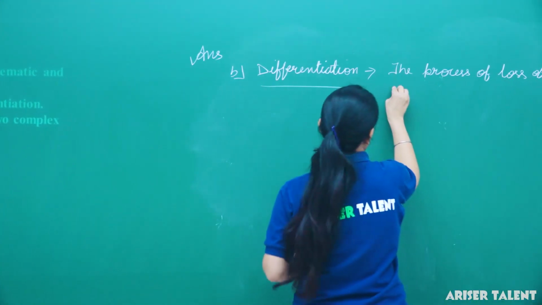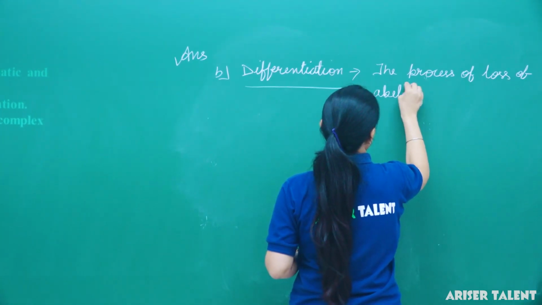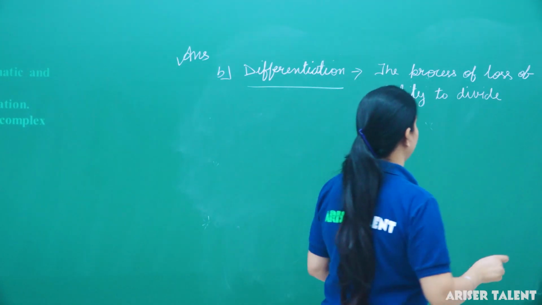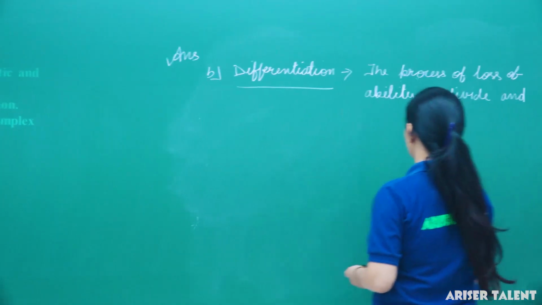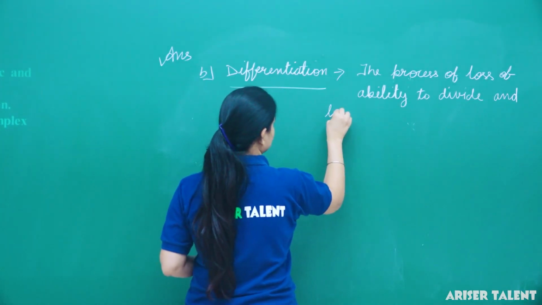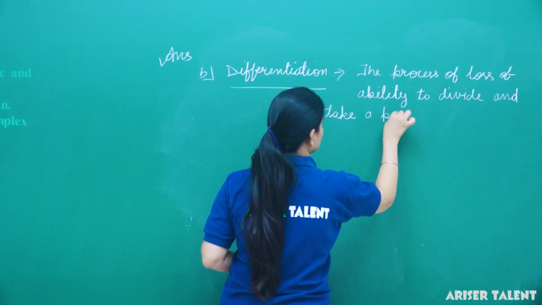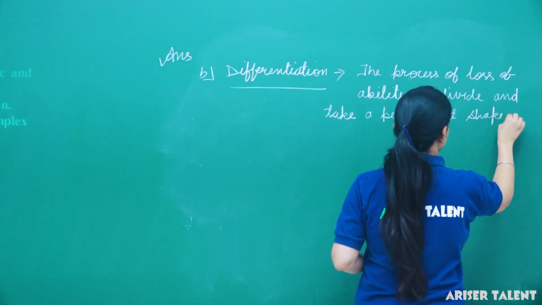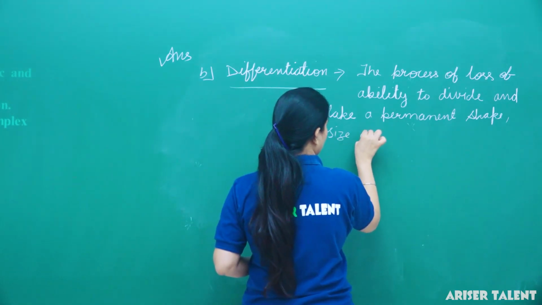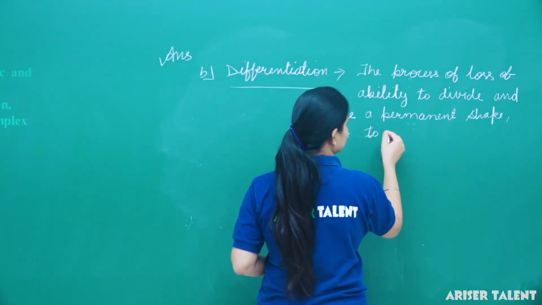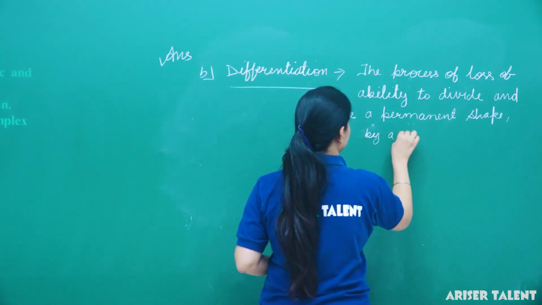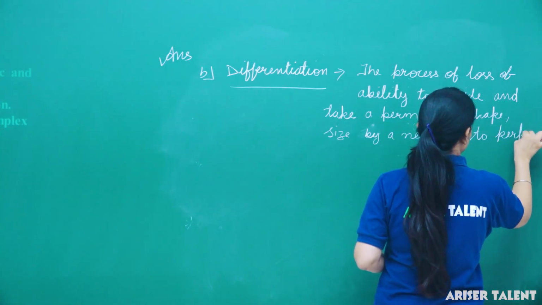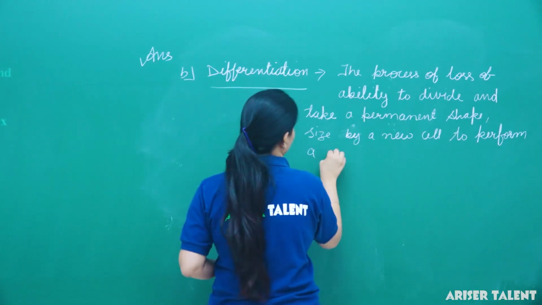The process of loss of ability to divide and take a permanent shape and size, to perform a particular function by a new cell.